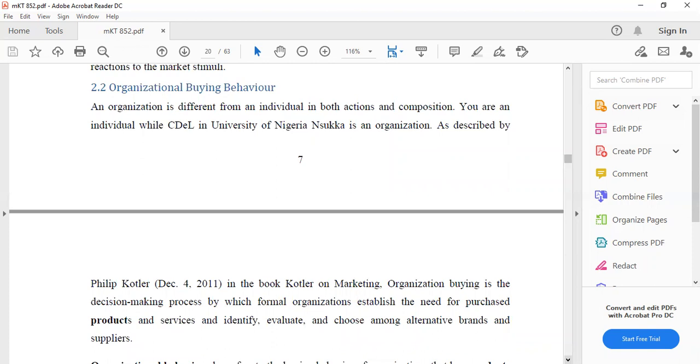We have thousands and millions of brands across board that will suit certain situations. So the organization has to evaluate and compare existing brands as well as the suppliers.